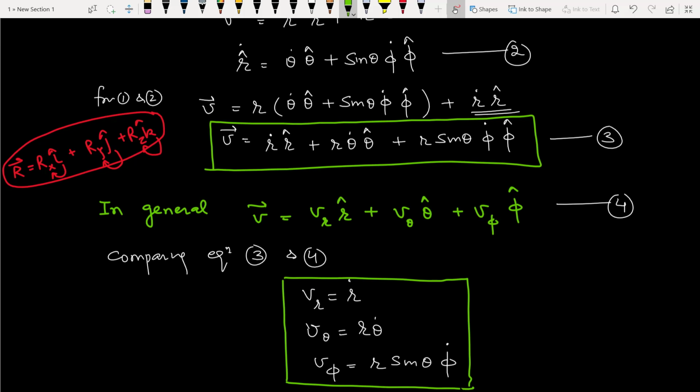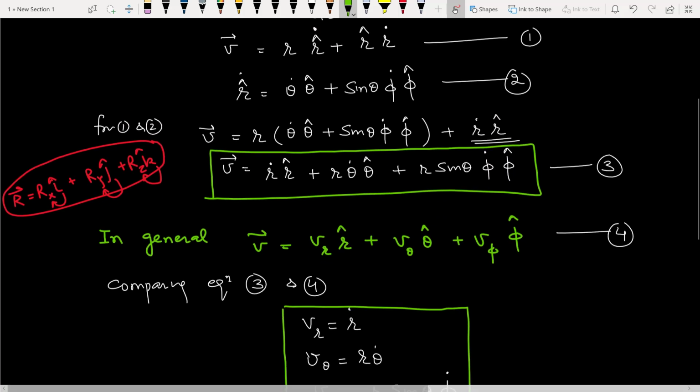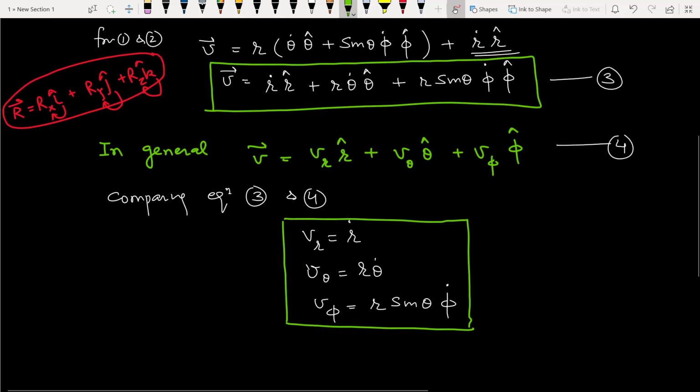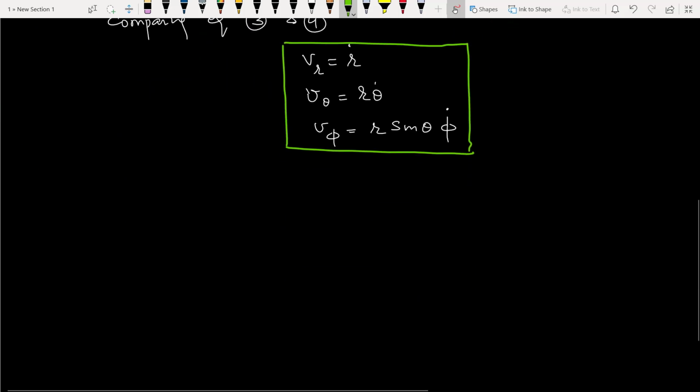So this completes the expression for velocity and its components along r cap, theta cap and phi cap.